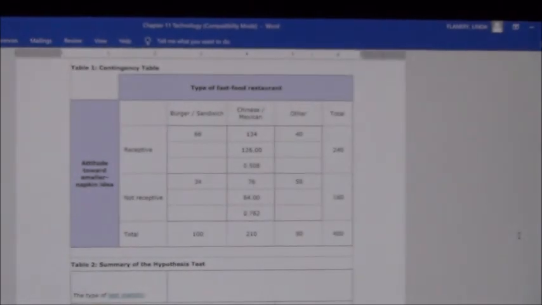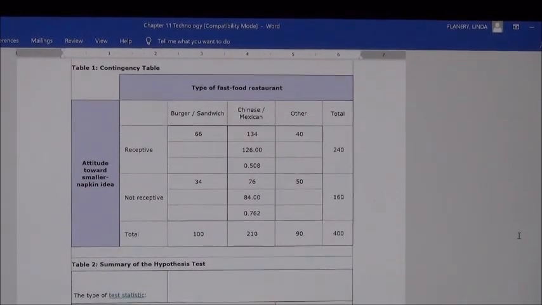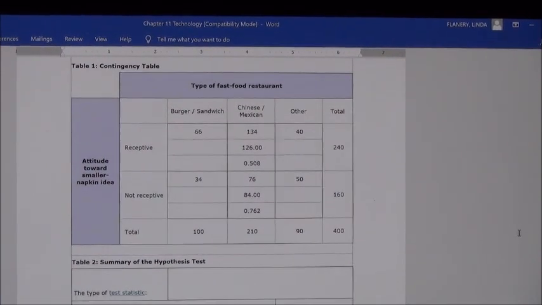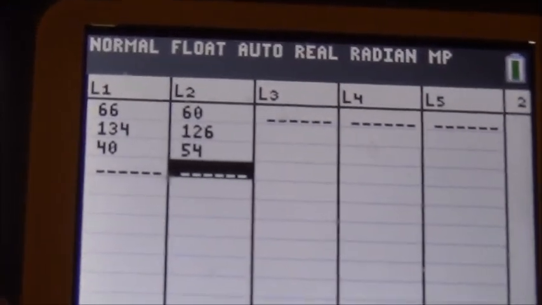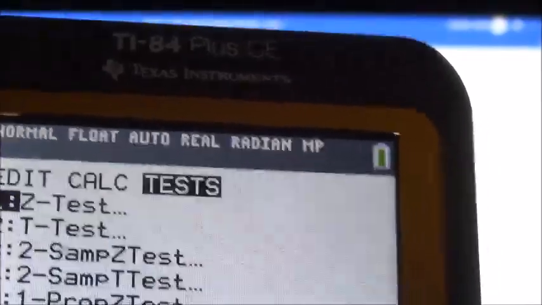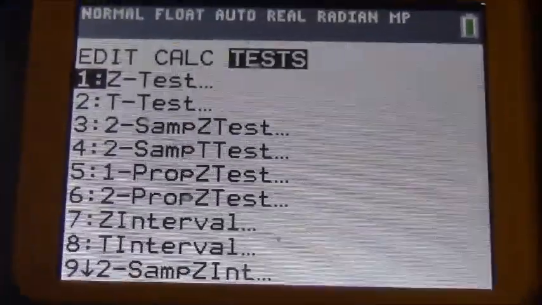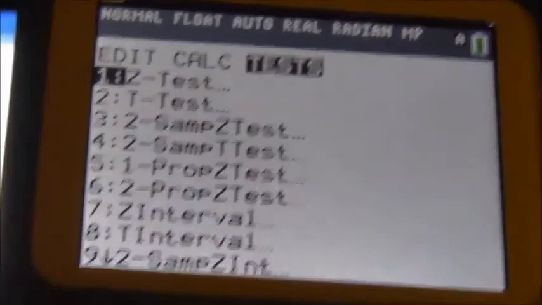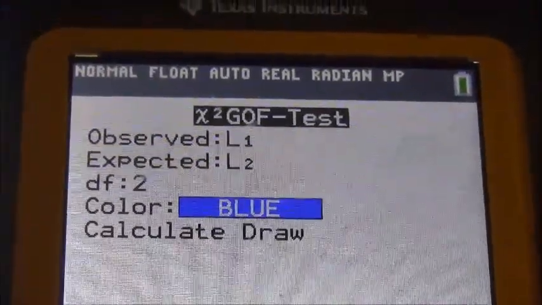And so my expected values again for the receptive were 60, 126, and 54. So once I have those values in my table, then I can go ahead and do my goodness of fit test. So I am going to hit stat, cursor over to tests, and I am going to do D. So I am going to do alpha matrix to jump down to my goodness of fit test.